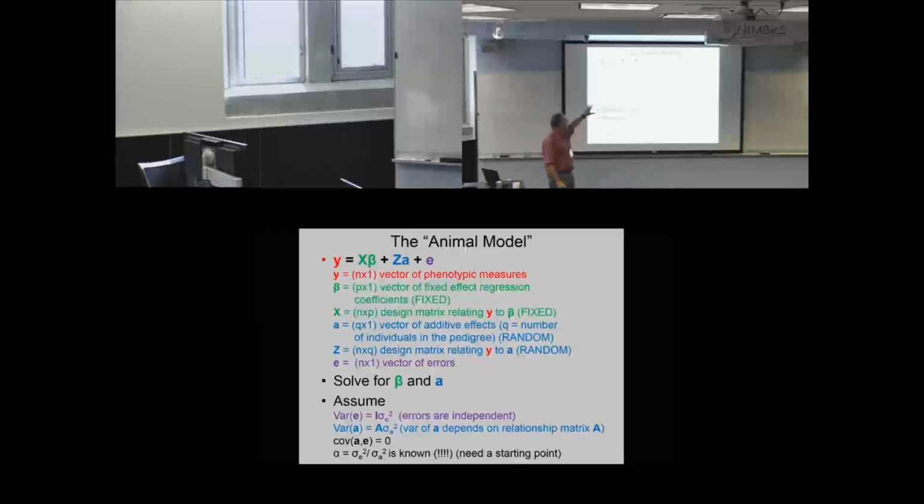Now, frequently what happens with these models, you're using this in part because you have a deep pedigree.